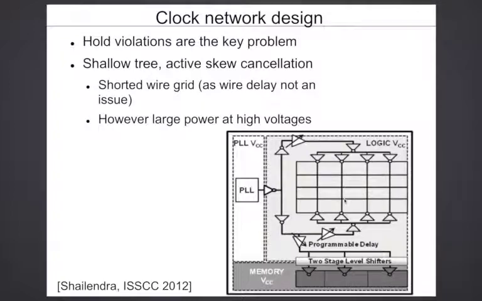And this was the approach used in the first high performance microprocessor developed in the early 90s by DEC, the Alpha processor. The Alpha processor had reached a speed of 200 or so megahertz. Now it looks ridiculously slow, but that was a breakthrough speed because all the processors were 40, 50 megahertz and they crossed the 200 megahertz barrier.